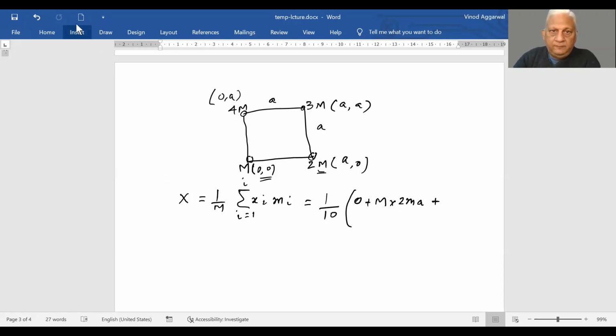Similarly, this will be the same distance. And the fourth one will be 0.